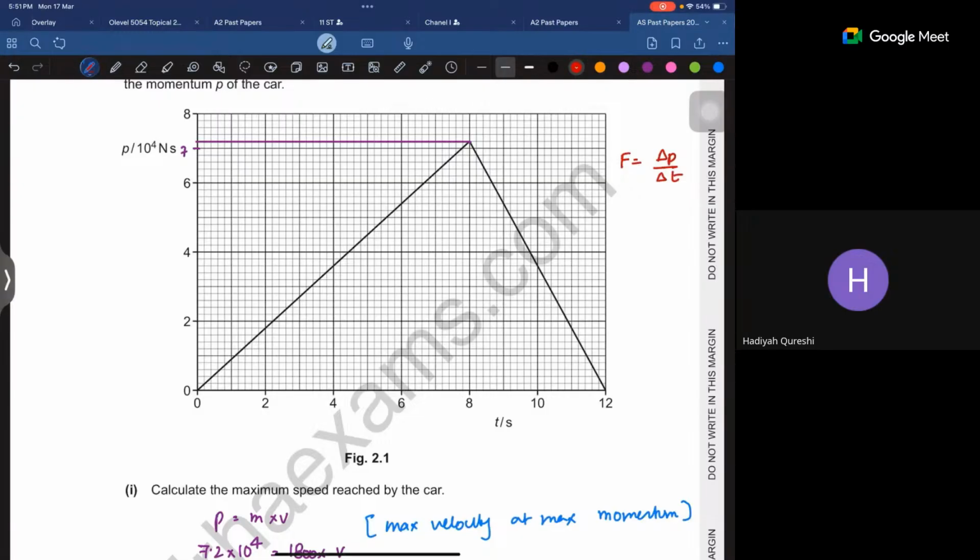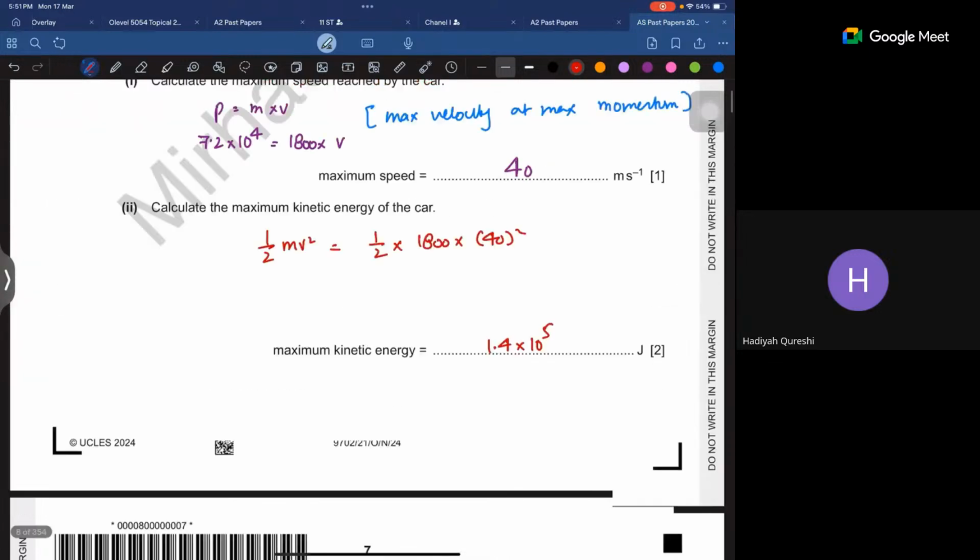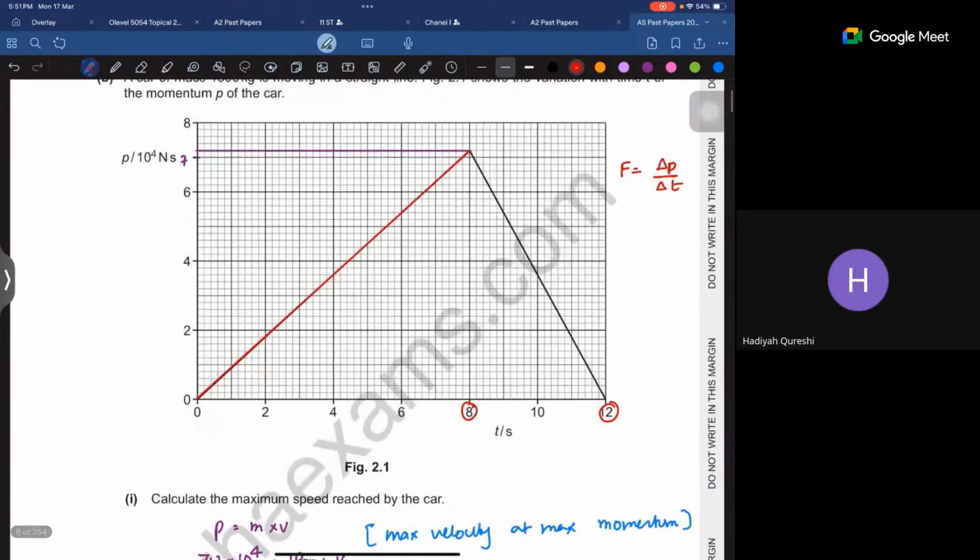If you look at the steepness of this line, that is less than this line. So from 8 to 12, the momentum is changing more sharply. They're saying at time t equals 4. All right, that's fine then. Not an issue because it's just a straight line, and anything on the straight line has the same gradient.